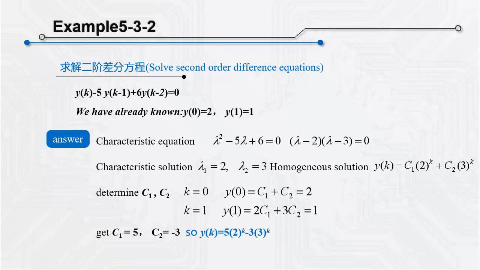After C1 and C2 are determined, let's bring them back to the expression for the homogeneous solution. So you can see the final homogeneous solution y of k in explicit form. This is a single root case. The general form of homogeneous solution for a single root is this exponential form.